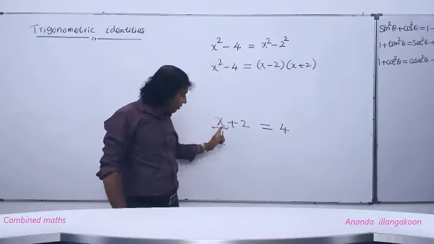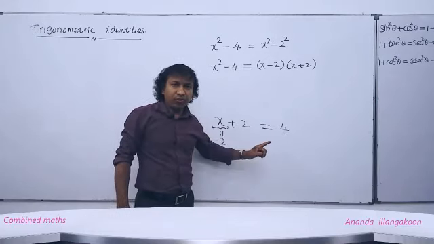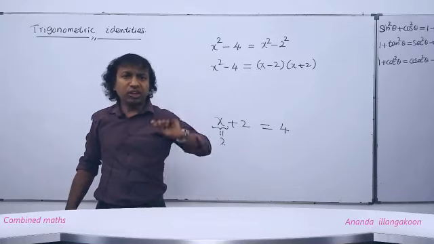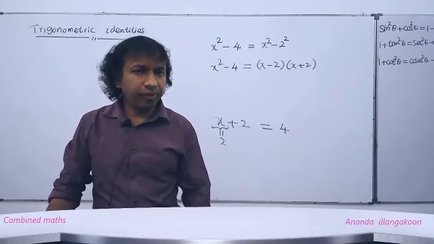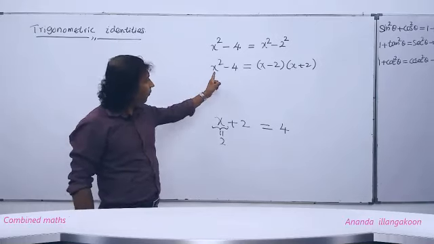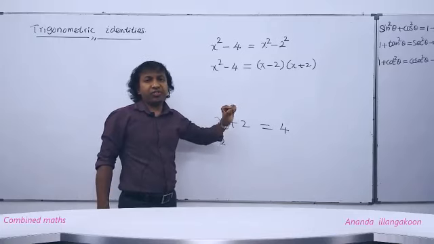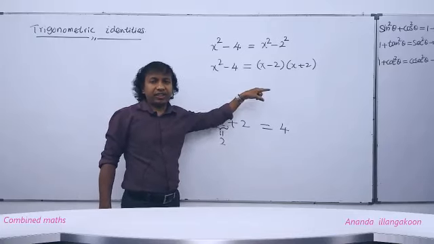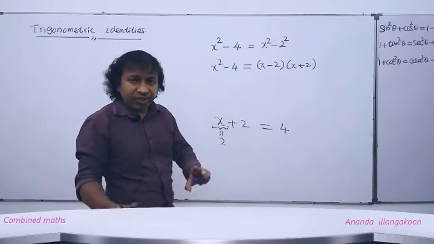When x takes 2, 2 plus 2 is equal to 4. Only when x takes 2, the left hand side is equal to right hand side. But here, whatever value you substitute for x, the left hand side is equal to right hand side.